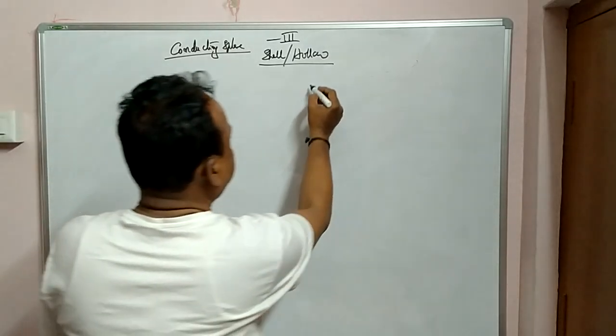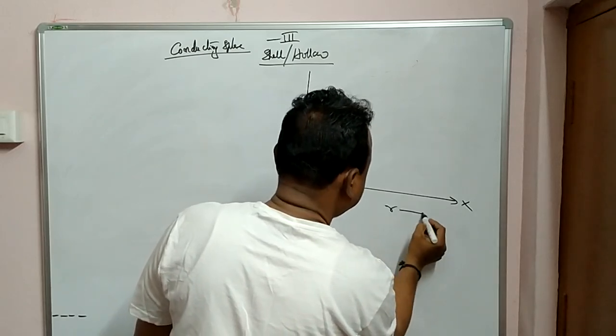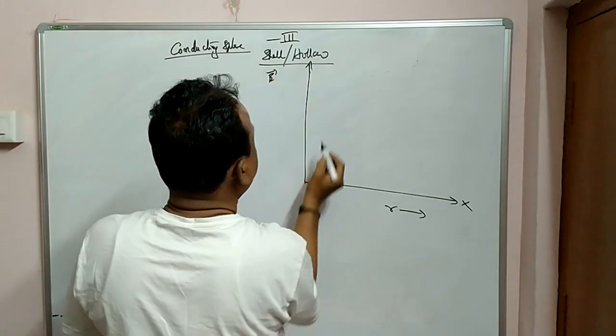Now let us try the graph for this. On the x-axis is distance r and on the y-axis is intensity, the electric field.